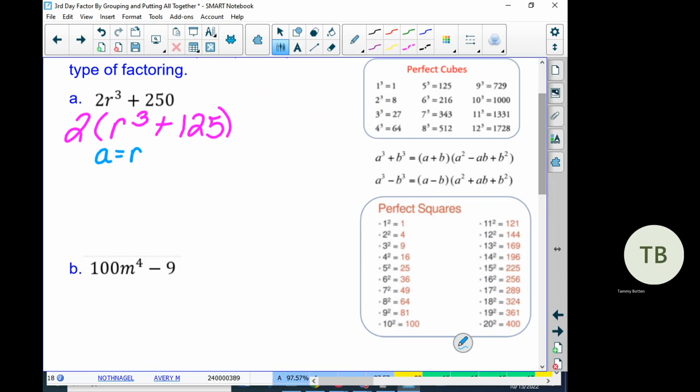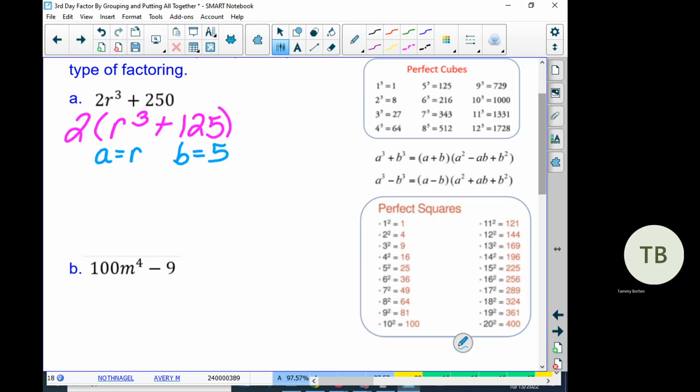And that is r. And then we called this B and we said, what cubed gives me 125? And notice right here, on the back side of your cheat sheet, it tells us that 5 cubed is 125. So B is 5.